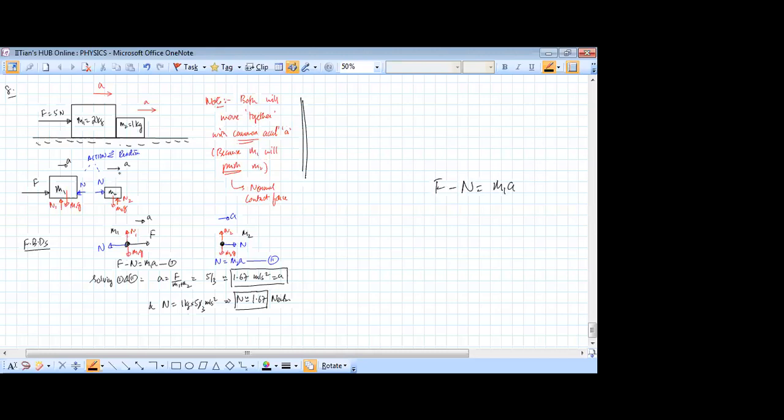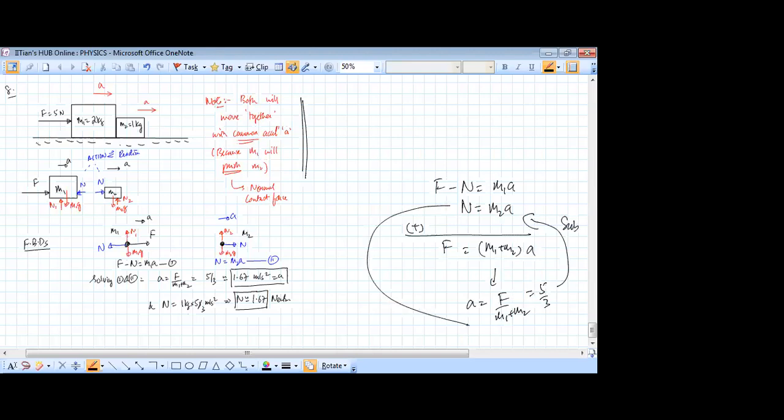This is for block 1. You can see horizontally two forces are acting. One is positive, one is negative. And for the second one, there's only one force horizontally, N. So that is mass into acceleration. Now just add these two equations. So N gets cancelled out. So your acceleration comes out to be F upon M1 plus M2. So that is 5 by 3. And then substitute this back in the second equation. So you get the normal reaction.